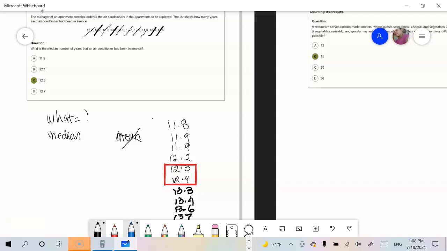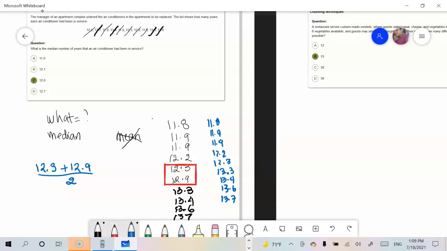Now, because I have 2 numbers here, I need to calculate the average. So my median for this set is going to be 12.3 plus 12.9, and I have to divide that by 2. If I had had 9 numbers in this set, let's suppose I had only 12.3 in the middle, with 11.8, 11.9, 12.2 before it, and 13.3, 13.4, 13.6, and 13.7 after it.